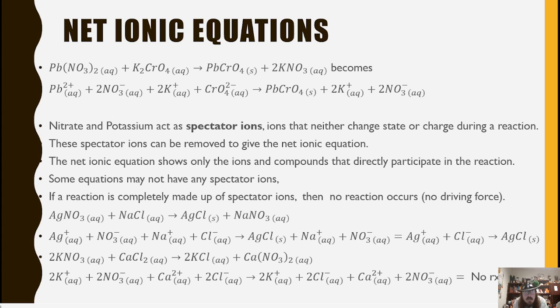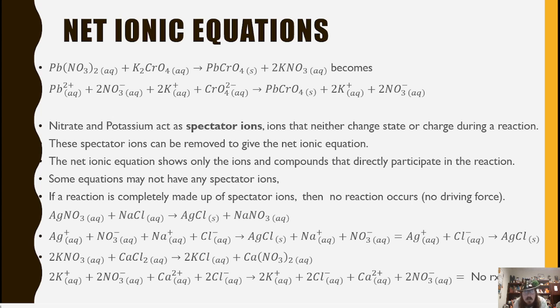Now, splitting every aqueous part apart, lead nitrate goes to lead 2+ and 2 nitrates. Potassium chromate goes to not K2 but 2K+ and chromate. Lead chromate, because it's a solid, stays lead chromate. And 2 potassium nitrates becomes 2 potassiums and 2 nitrates.